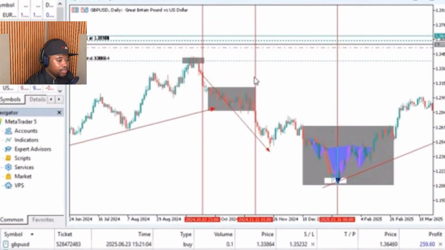So imagine someone taking a trade from this point and actually holding for weeks, because in 2024, the 10th month and the 11th month, that's where the market decided to shoot to the downside. But imagine holding this trade for a month without seeing any profits, while the market is not doing anything. You do not experience any losses, you do not experience any profits, you're just waiting. That's a waste of time, guys.